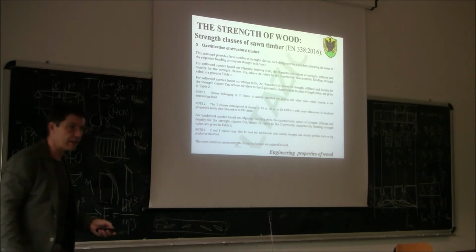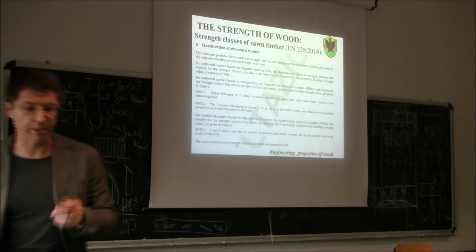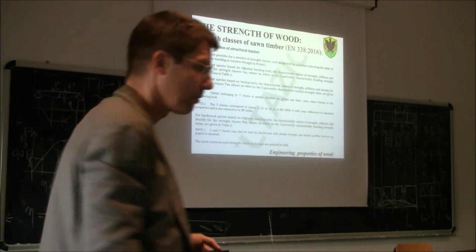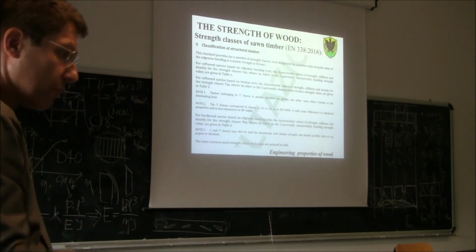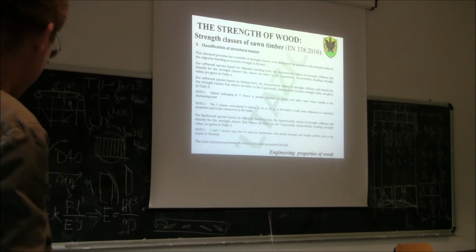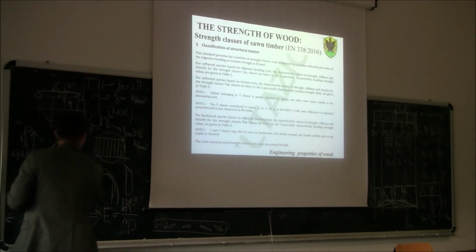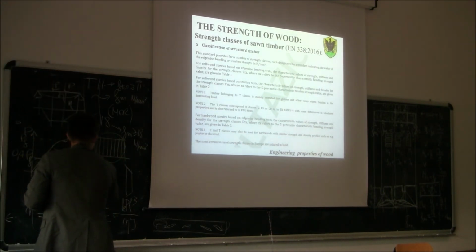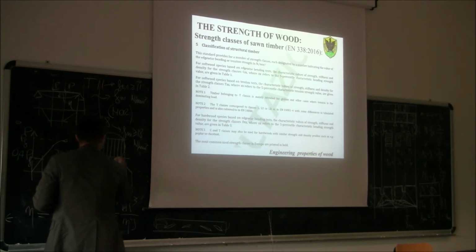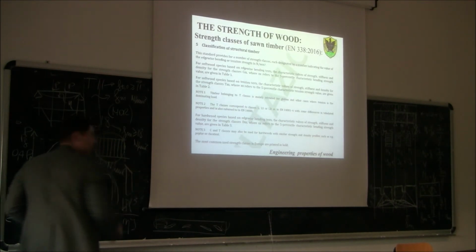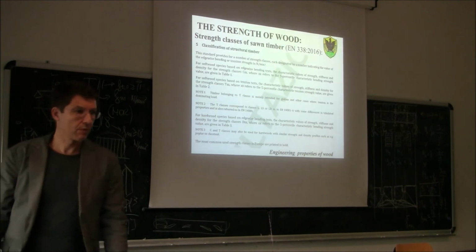This is a class for a hardwood, so for example a beech, chestnut, so hardwood, the latifolia, with a characteristic bending strength greater than 40 Newton per square millimeter. Okay?